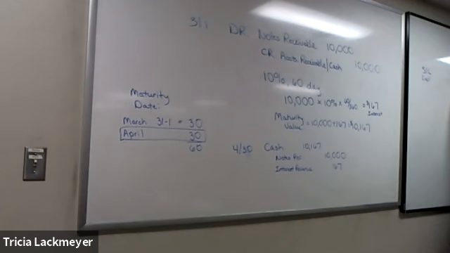Perfect. Cost minus residual value divided by useful life.